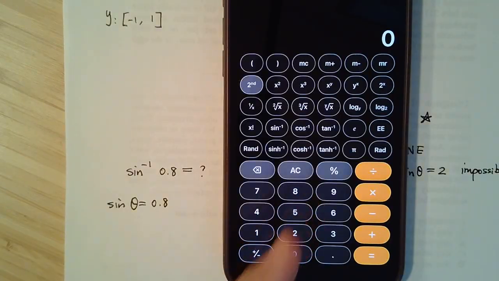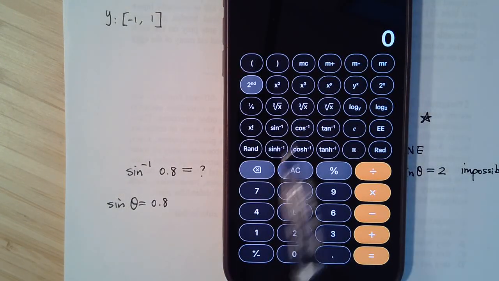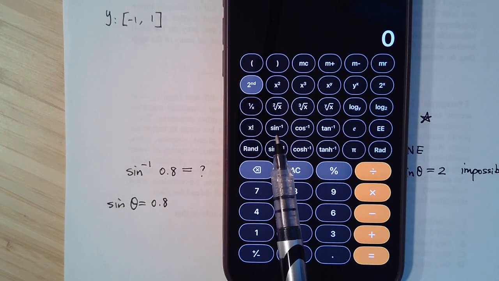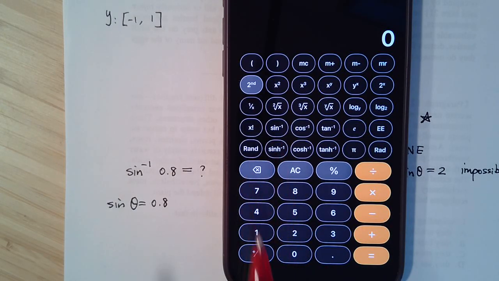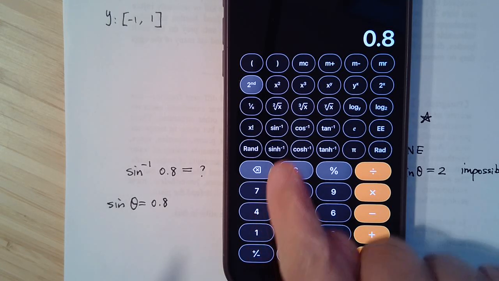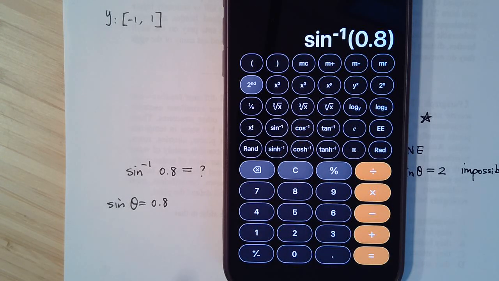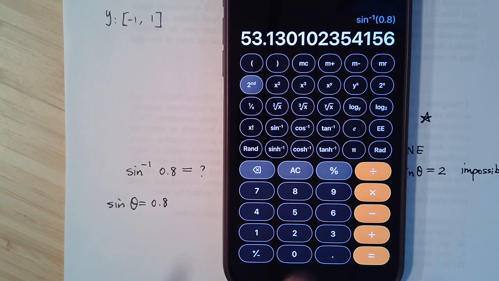You see a lot of the functions change. Did you see sine inverse? See, sine inverse. So what you need to do is 0.8, sine inverse, equals. That's it. You get 53.13.